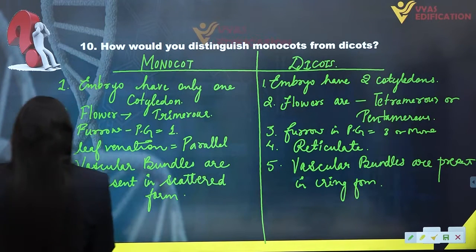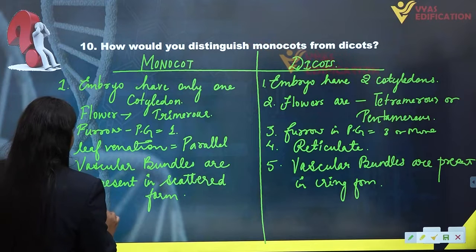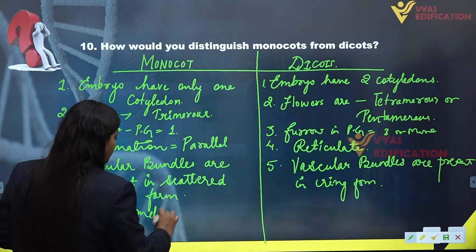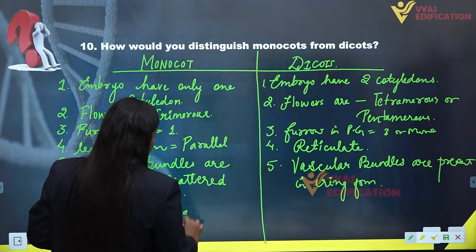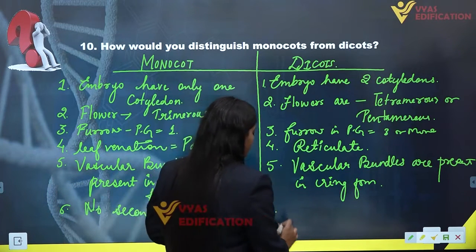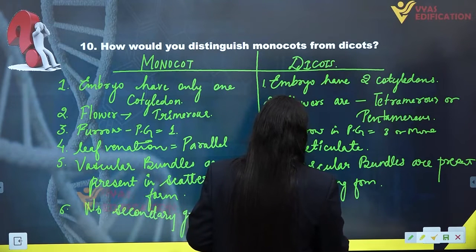No secondary growth is found in case of monocots, and in case of dicots, secondary growth is present.